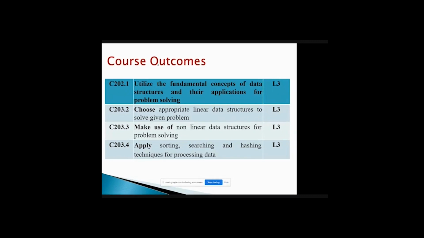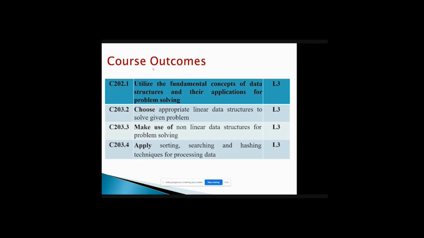Again, it is at level L3. The last CO is about searching and sorting, which are definitely the most common applications we use in real time. You have different searching and sorting algorithms. A few of them you have already studied in the problem solving subject in your first semester. A few more complex searching and sorting algorithms you'll study in this semester, along with some techniques called hashing techniques for processing data, where searching becomes very simplified and takes less time.